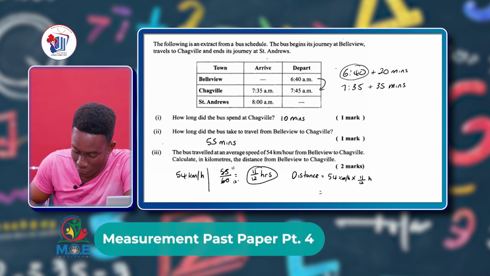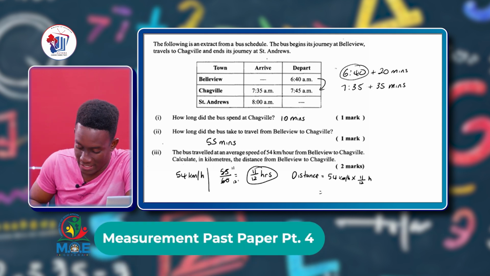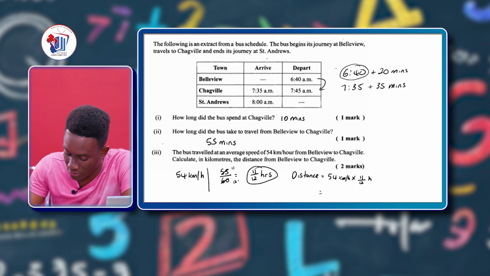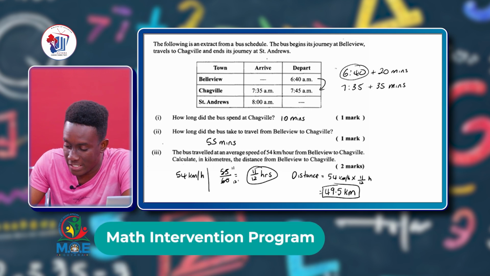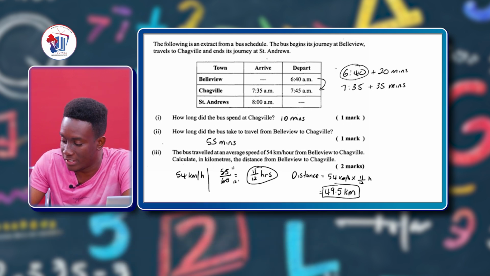So it will be 54 multiplied by 11 divided by 12, which would give me 49.5 km. So to answer the question, we can say, therefore, the distance between Bellevue and Chalkville is 49.5 km.